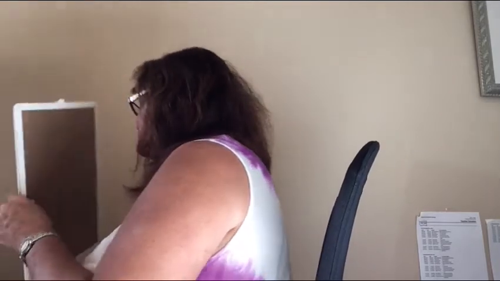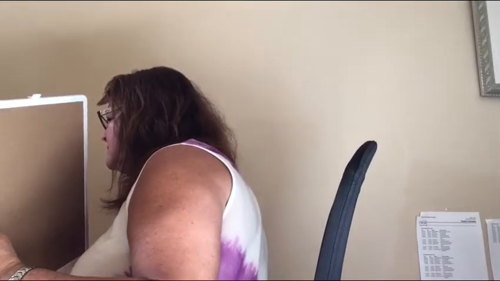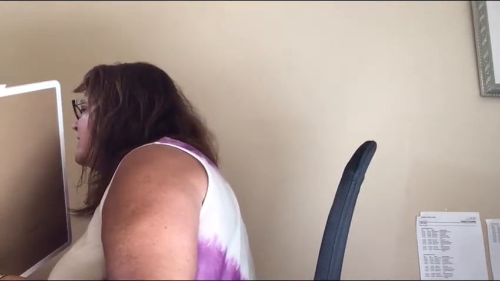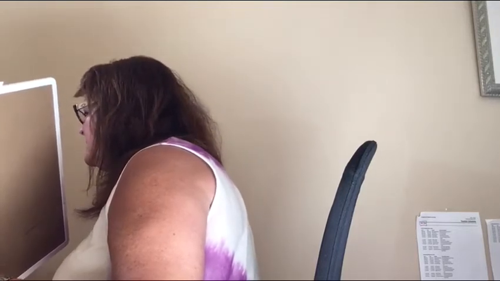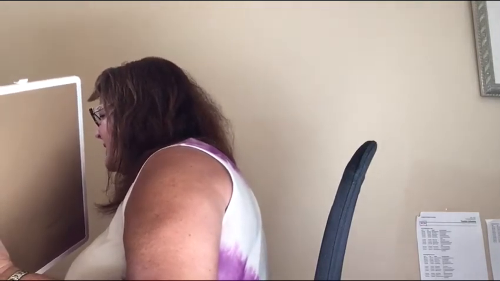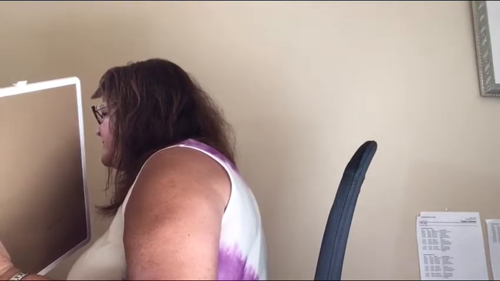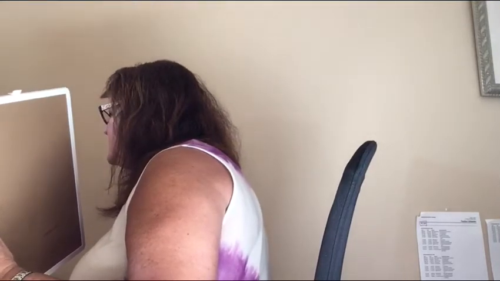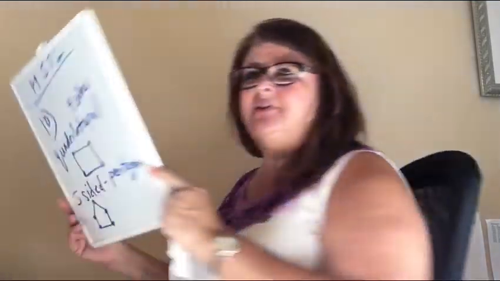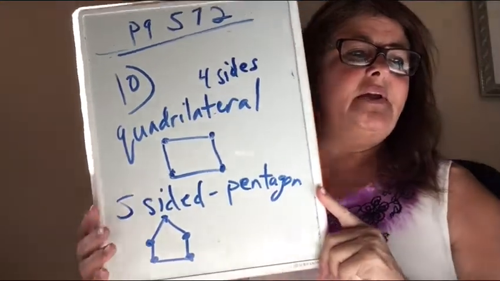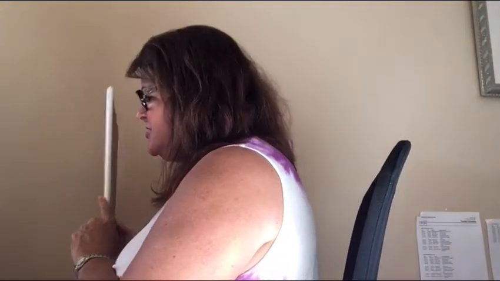No, I'd rather you type in, yeah, can you hear me now? Okay, Deshawn, keep your microphone off and type in an answer. Okay, I'm going to go slow. Number 10 on page 572. It says draw three shapes.